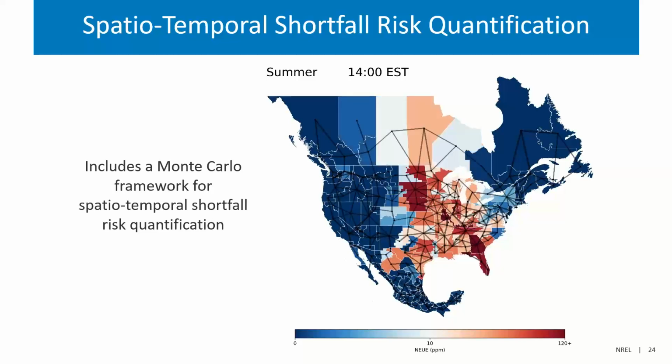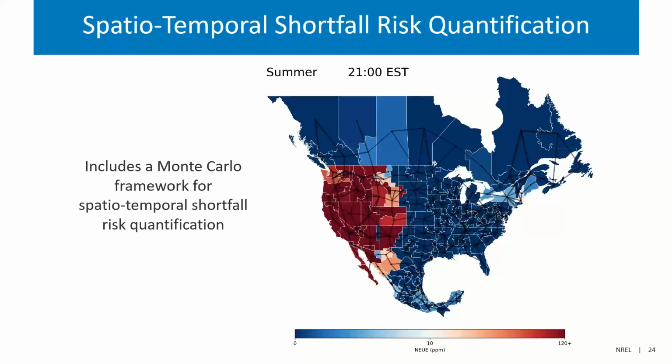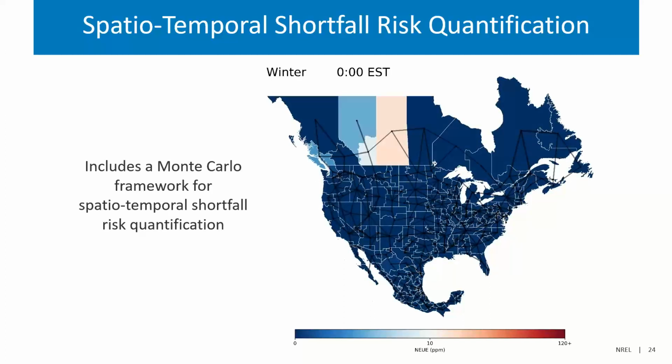Yeah, because wind and solar are variable generation, and you have a lot of uncertainty with that. Capacity credit helps you determine how much your wind and solar can actually contribute to the system.